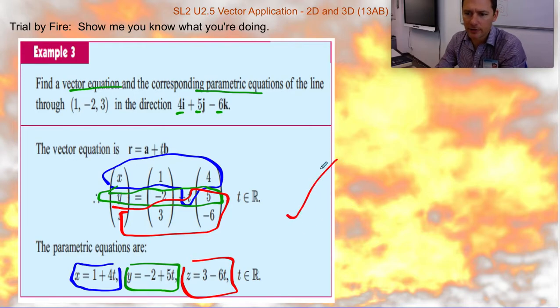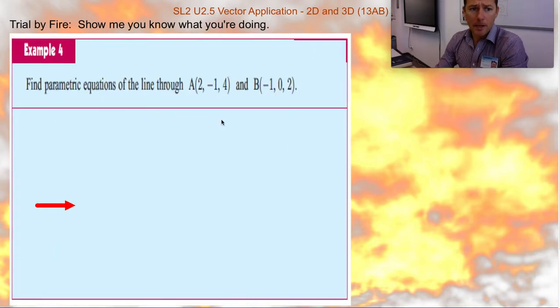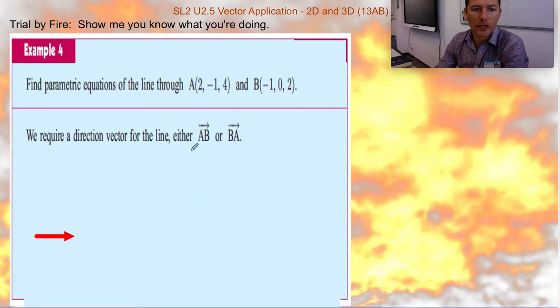So that's not necessarily difficult. It's just what to do with them after that. And okay, this is a little bit trickier, but the same idea, right? Find the parametric equations of the line through here. Well, okay, fine. So we can either find the line from A to B or from B to A. Let's just do it for argument's sake from A to B. I think it'll be easier.